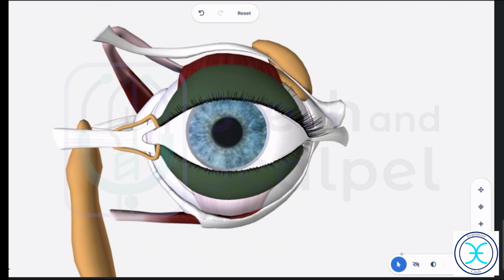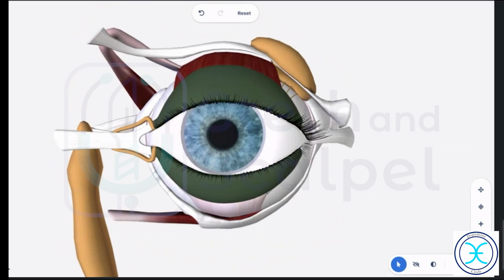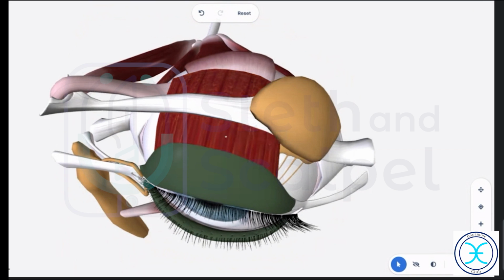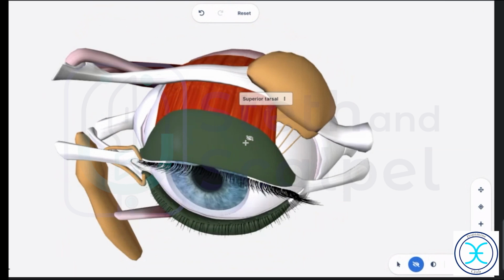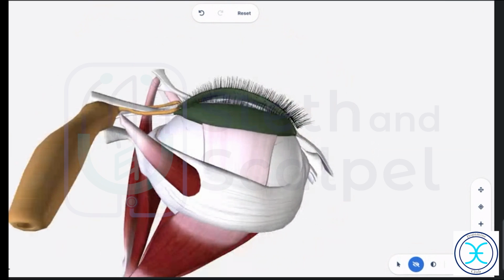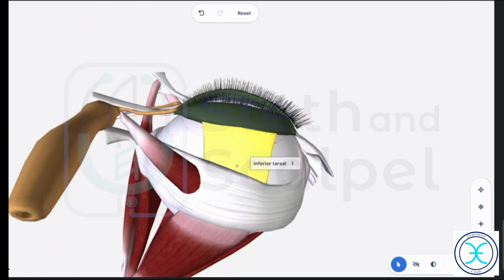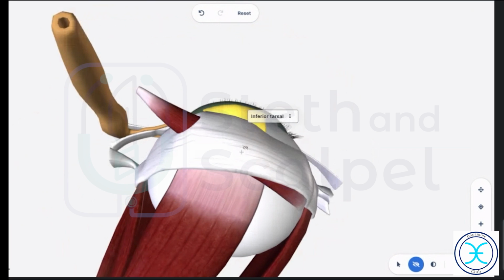And now you have your extraocular muscles, so you can start naming them easily. Yes. So this one, superior rectus. Yeah, that will be the superior rectus. And then this one, inferior rectus.